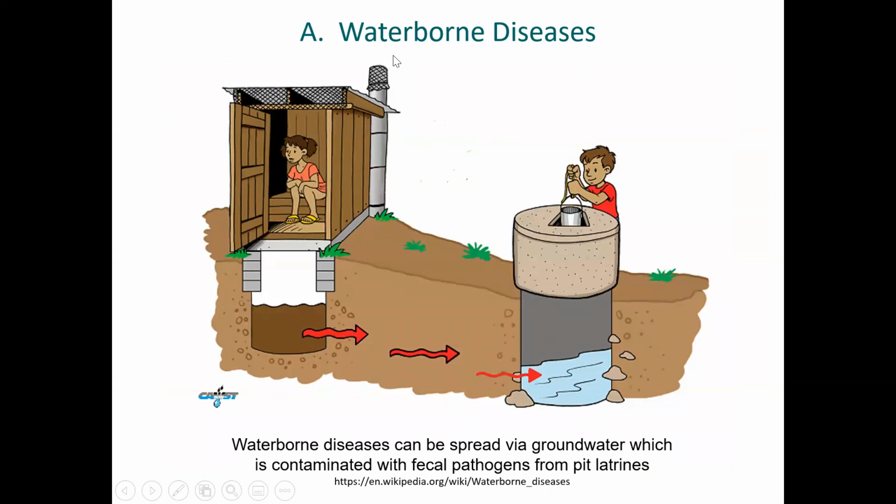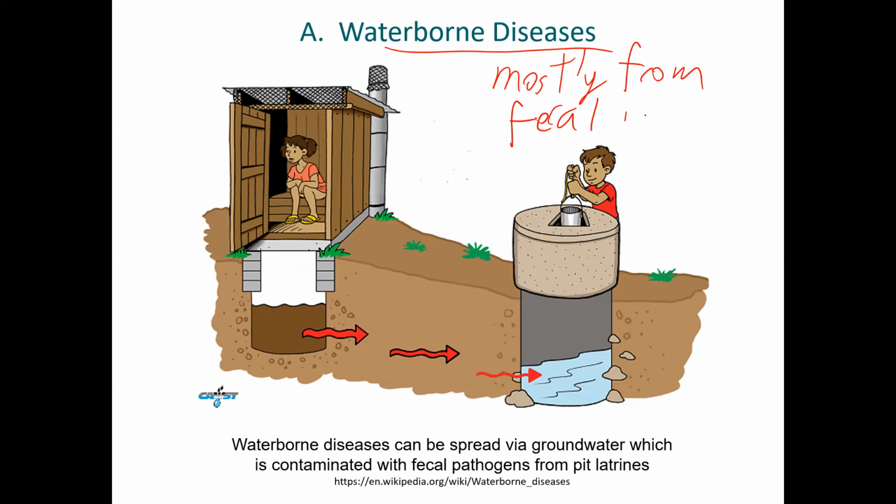So first of all, where do these things come from? And generally, this is the answer here, right? Waterborne diseases are mostly from fecal matter. And if you think about fecal matter, there's actually three sources.